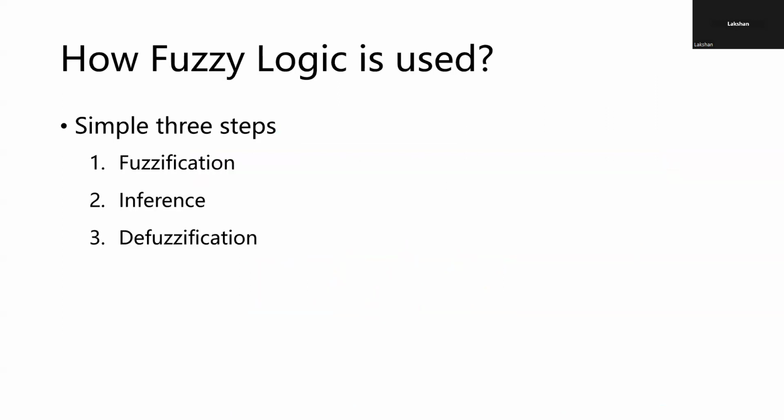When you get a problem, it can be in an exam or any other problem regarding fuzzy logic, you have to use three steps. First is fuzzification, then inference, then defuzzification.